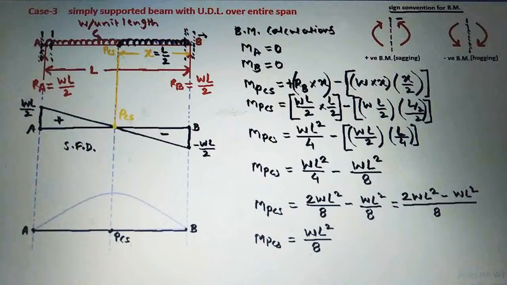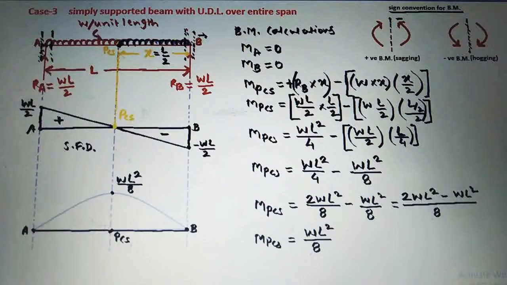So at A and at B, the bending moment is equal to 0, so that will be on the baseline. Next, bending moment at point of contrast shear is WL square by 8. So as it is positive, it will be above the baseline. So approximately we will take it here. So here it is WL square divided by 8, the bending moment at point of contrast shear.